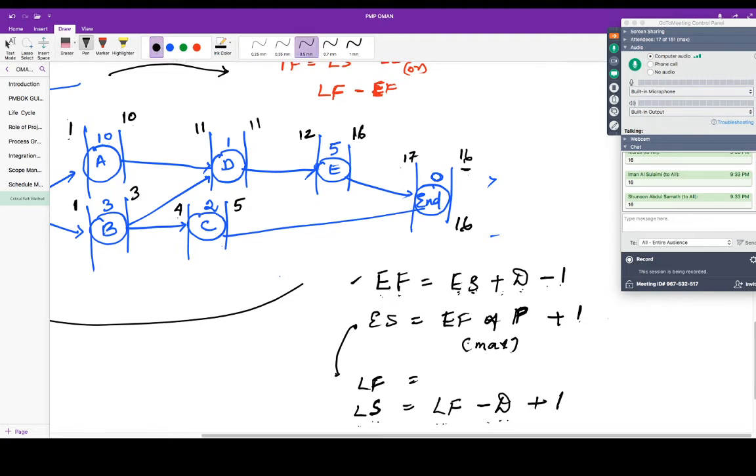If you want to find the late finish of some activity, it is the late start of the successor minus 1. Okay, minus 1. So it's just the opposite of this. Early start, late finish. Early finish, late start. Of predecessor, of successor. Plus 1, minus 1.